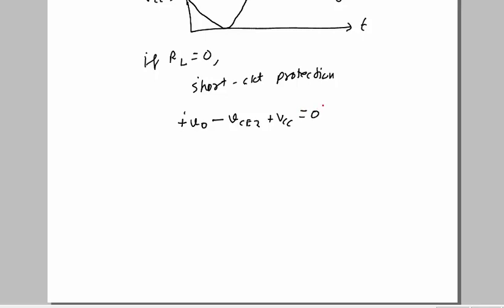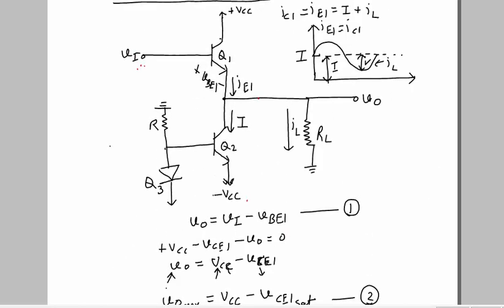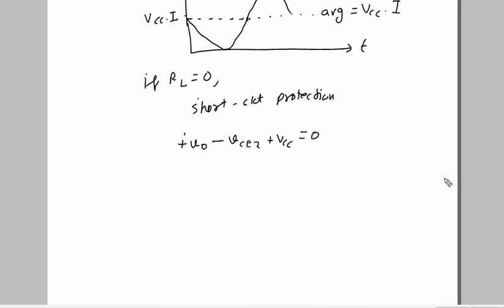You can see from the first diagram we made, from here to here it is V naught, so plus V naught, minus VCE2, and this is already the negative supply, so it becomes plus VCC. Okay, this is the KVL we have written.